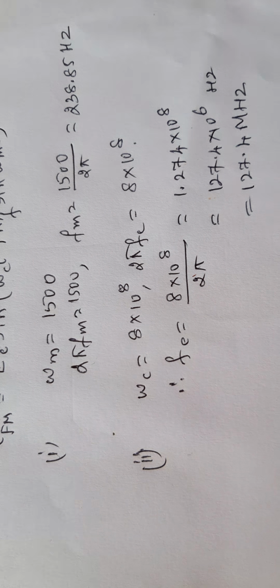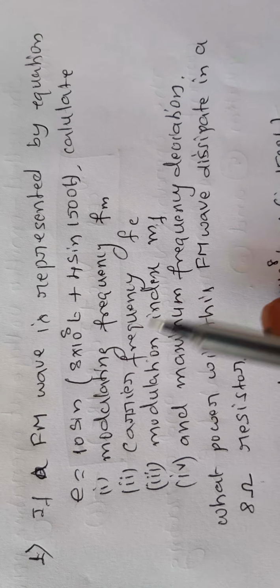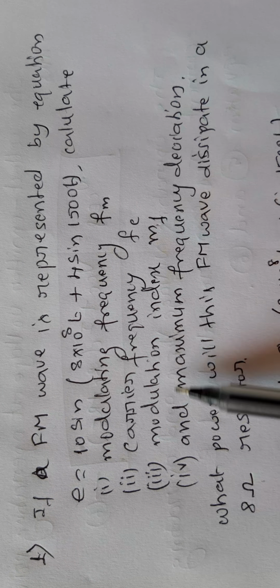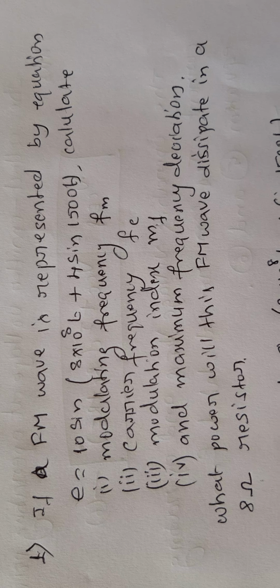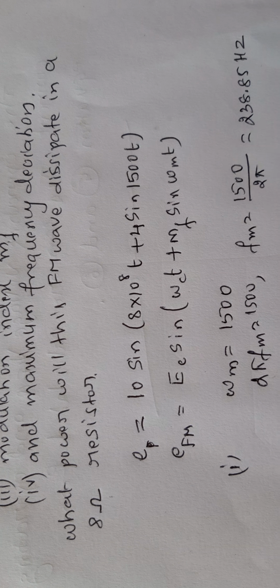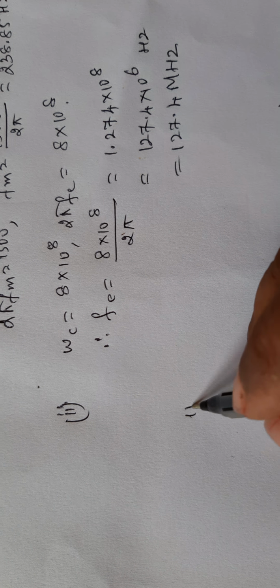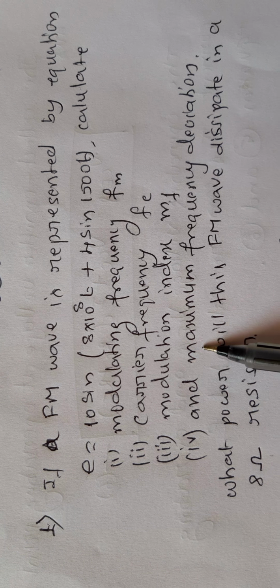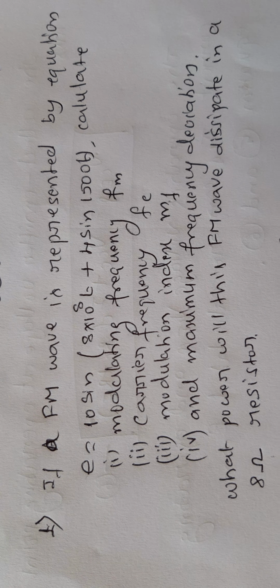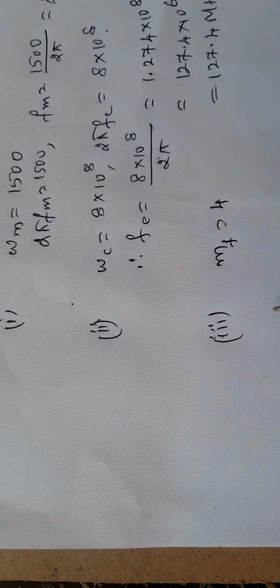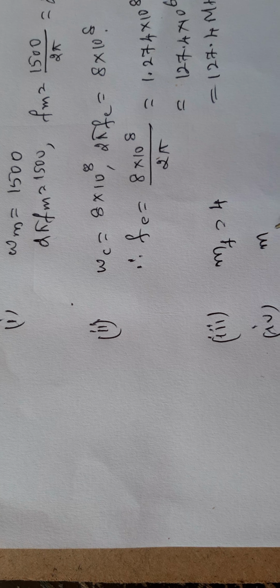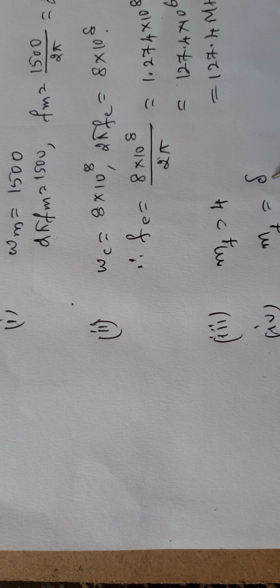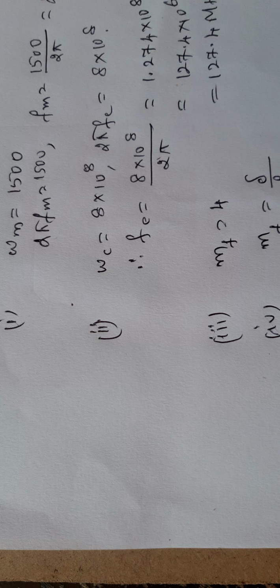Next, after the carrier frequency fc, we calculate the modulation index mf. See these two equations. Instead of mf, it is given 4. Therefore, the third one, modulation index mf, is equal to 4. Next, the maximum frequency deviation. By the definition, we know that the modulation index is equal to the maximum carrier frequency deviation delta divided by fm.